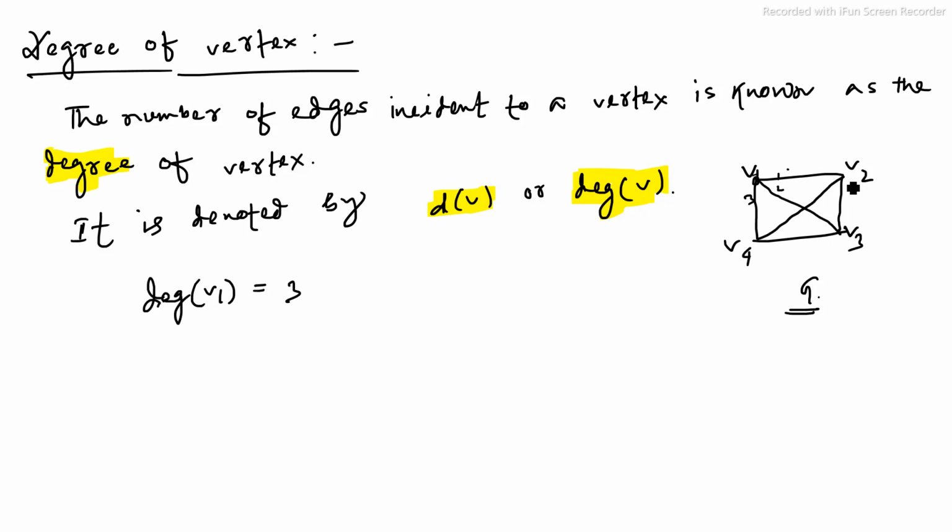Similarly, first of all, we named each edge e1, e2, e3, e4, this is e5 and this is e6.